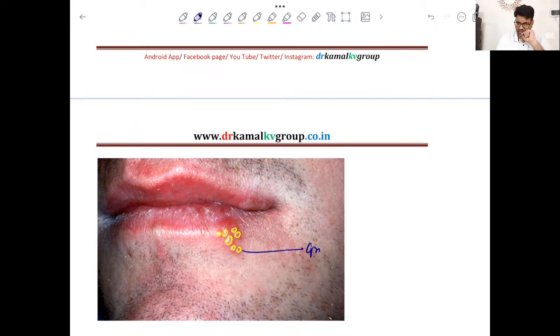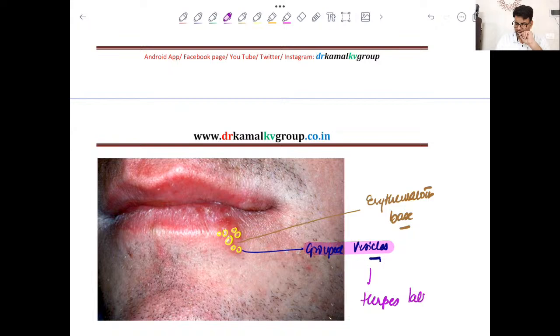So this is grouped vesicles number 1, right? And then there is an erythematous base. So this grouped vesicle is characteristic of herpes, right? And since it is affecting the lips, so it is known as herpes labialis. So this is a case of herpes labialis.